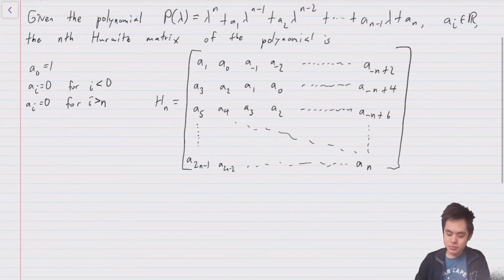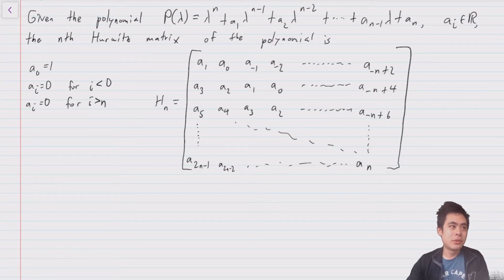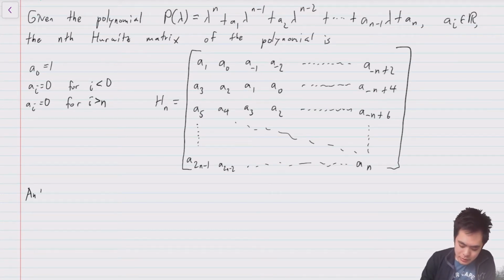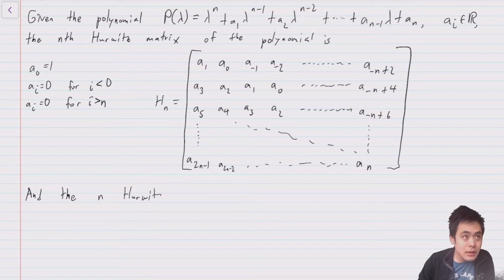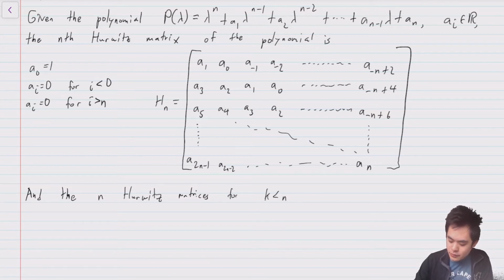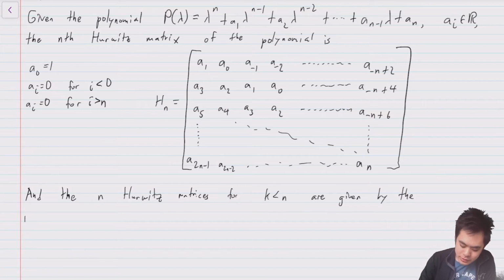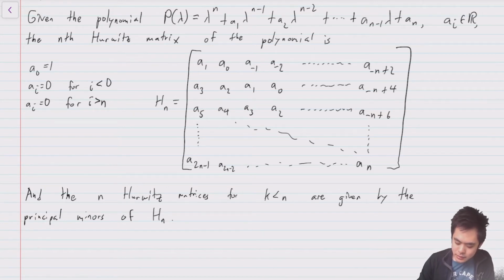Okay, so that's the nth Hurwitz polynomial, and the Hurwitz matrices for k less than n are given by the principal minors of Hn.